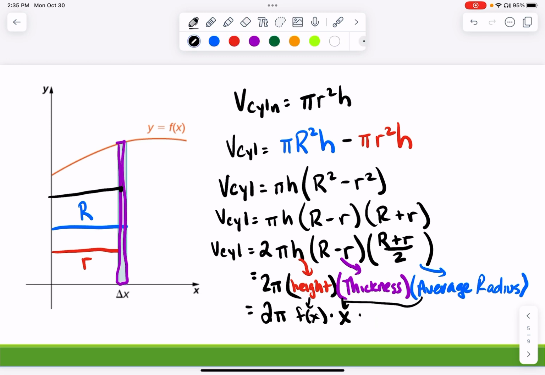But now you guys know where I'm going. So now I have 2 pi times the integral of x f of x dx, going from a to b in this case. So even though I'm revolving around the y-axis, everything is in terms of x.